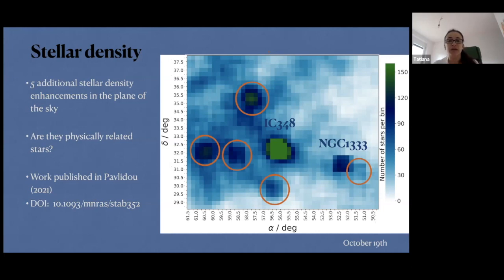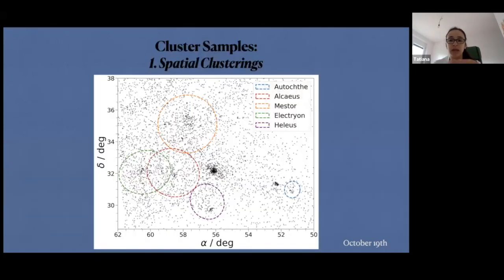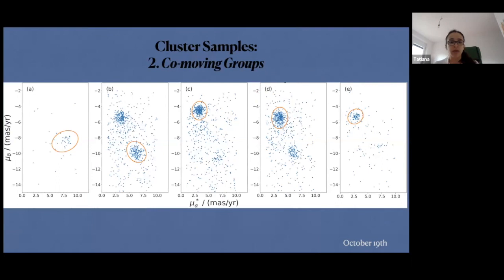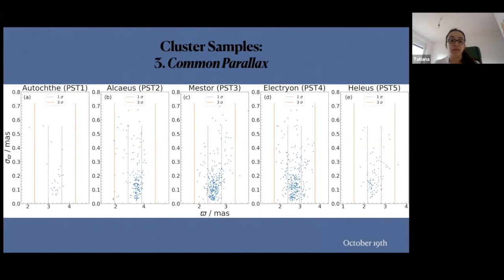Just to summarize, in order to test whether these are real clusters, I first select these groups in spatial distribution. I plot them in the proper motion space, and we see that they cluster really nicely in proper motion too. So these are co-moving stars. They also cluster in parallax.